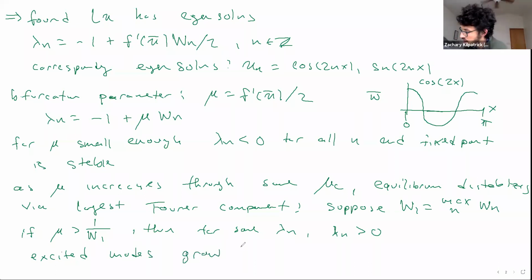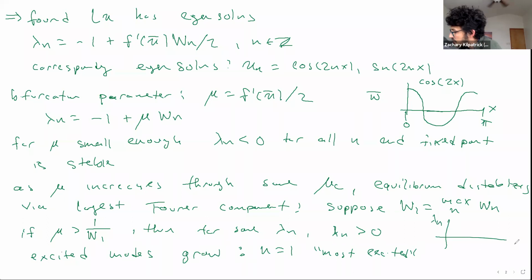And so for sure, we know that n equals 1 will be the most excited mode in this case, okay? And so if we do something like make a plot of lambda n as a function of n in this case, we have 0, 1, 2, 3, 4, 5.